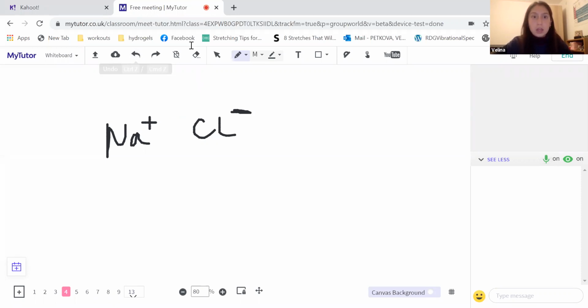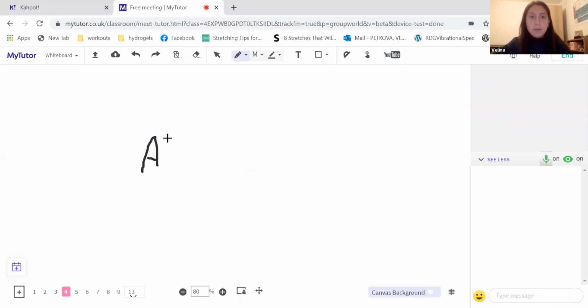Okay. So if, say, we took aluminium, for example, aluminium is in group 3. Do we know what kind of ion it's going to form? So is aluminium a metal, firstly? Yeah, so some people have got it right in the chat. Exactly, it is a metal, and we should note that metals lose electrons, okay?